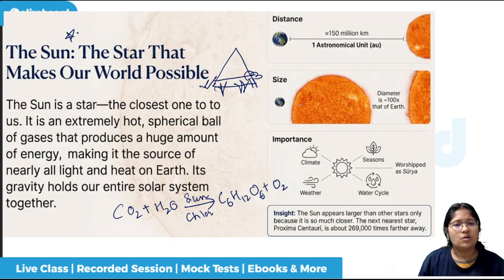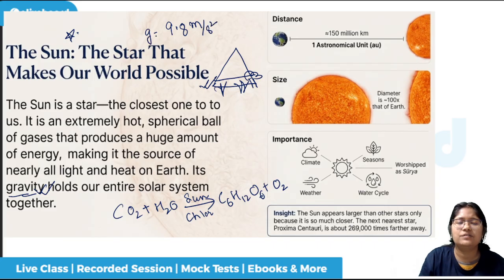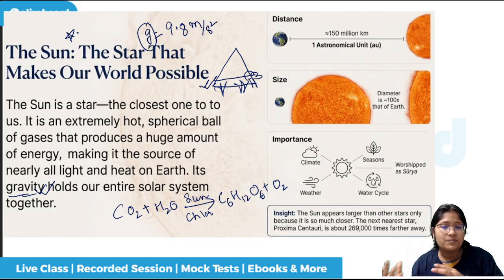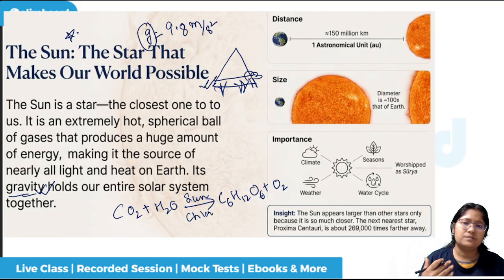Now, let us talk about gravity. Gravity is the earth's gravitational pull, which is 9.8 meter per second square if we have to give the value of the earth's gravitational force. But similarly, we have to understand that every object in the solar system is pulling everybody else with their own force, which is their gravitation.